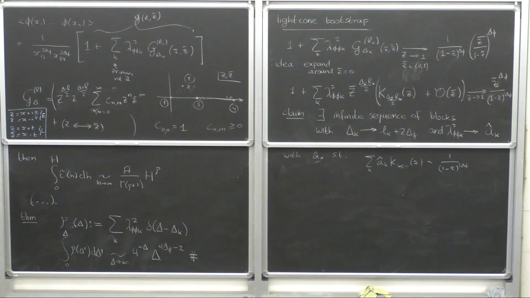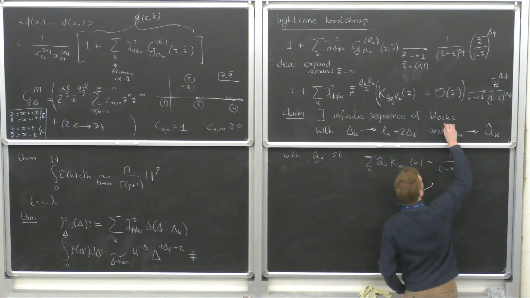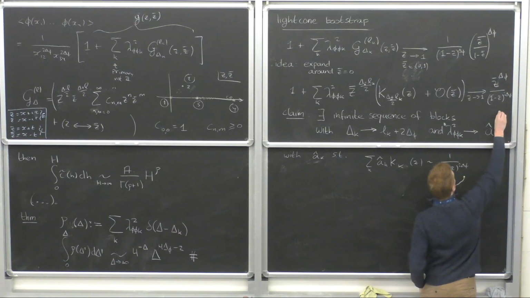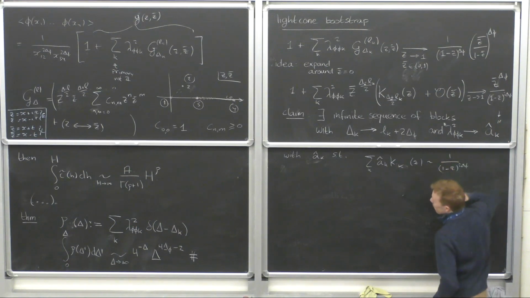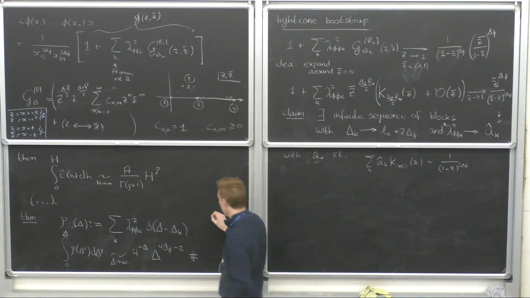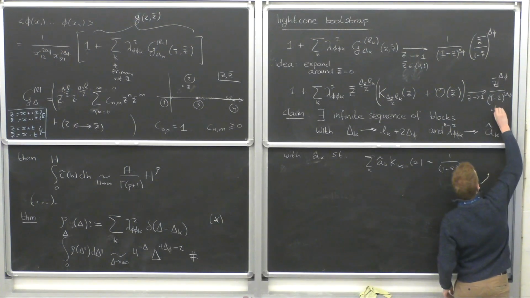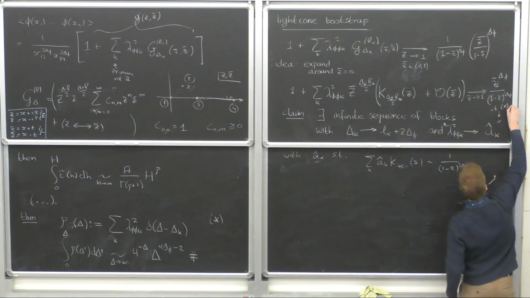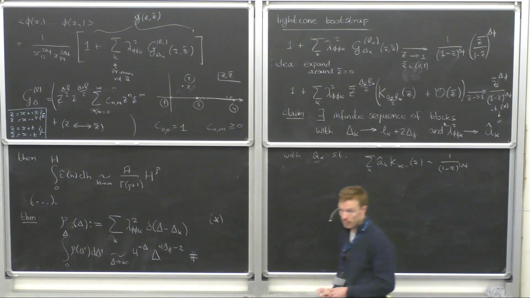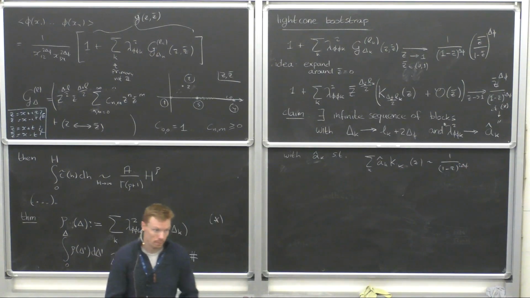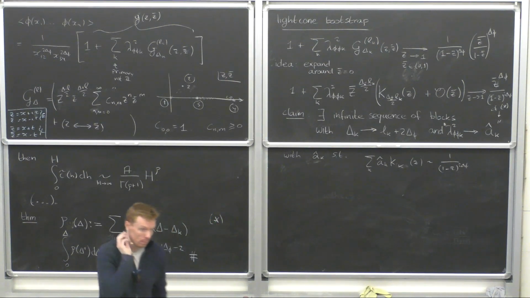Let me put this in quotes, and you should understand this in the way that I still have here. There should be an integrated version of this statement that you can write down. Okay.